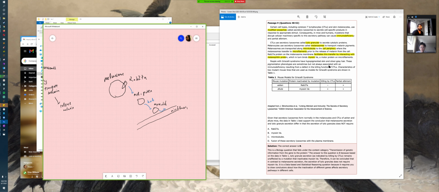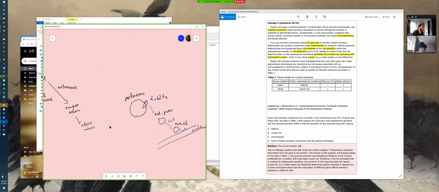I was going to skip it, but I guess I'll just do the microfilament, microtubule stuff.